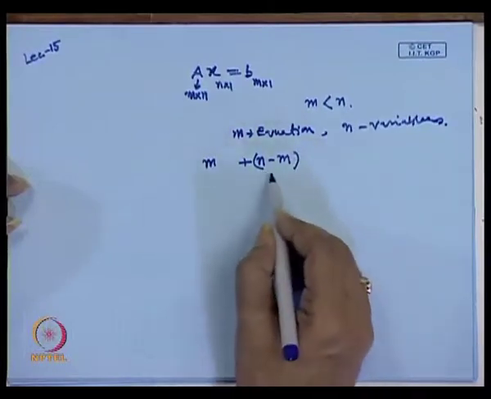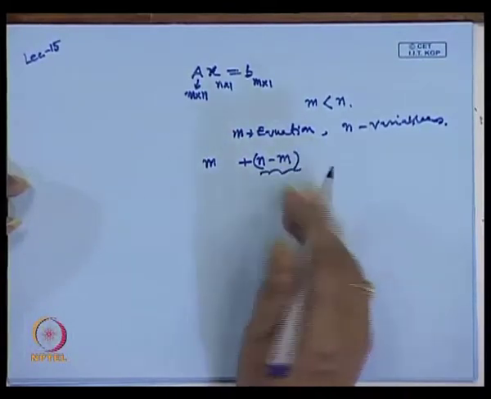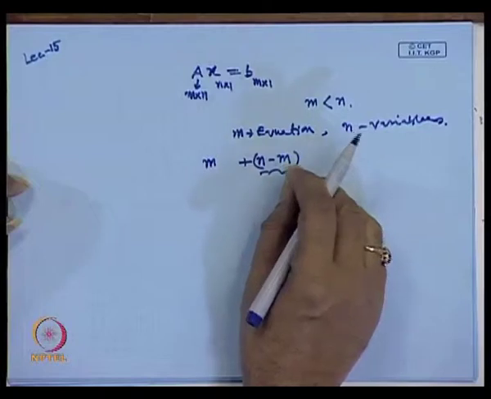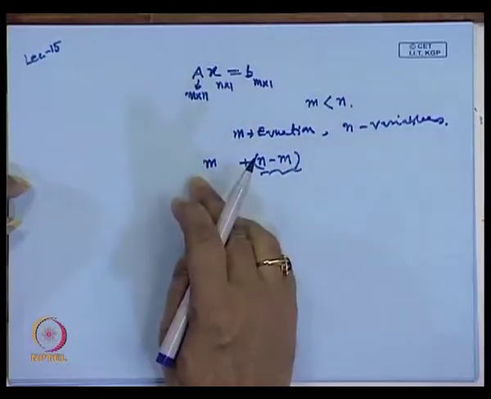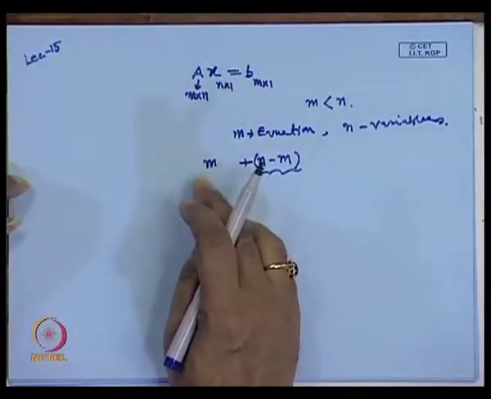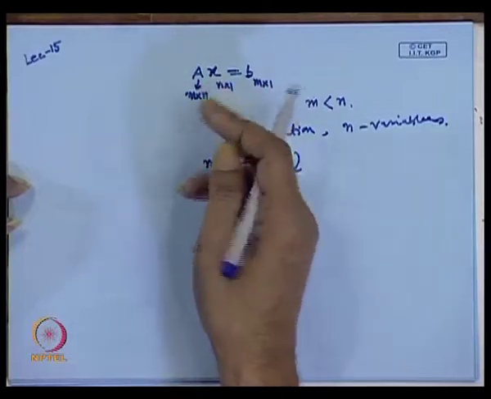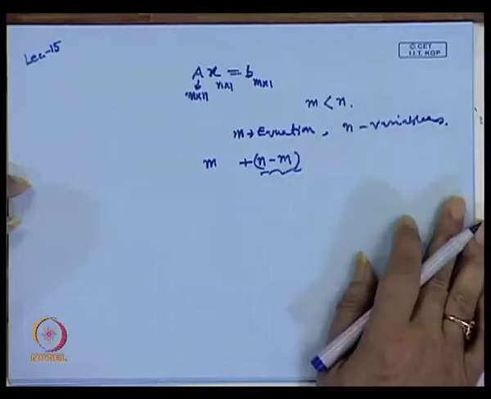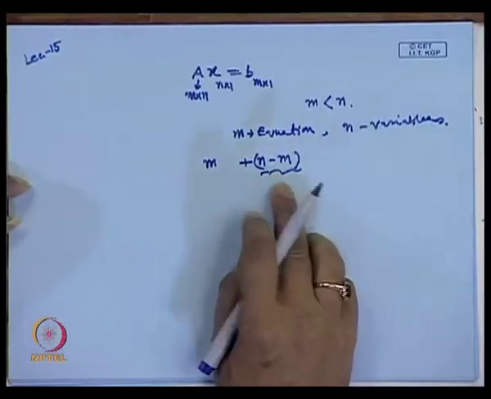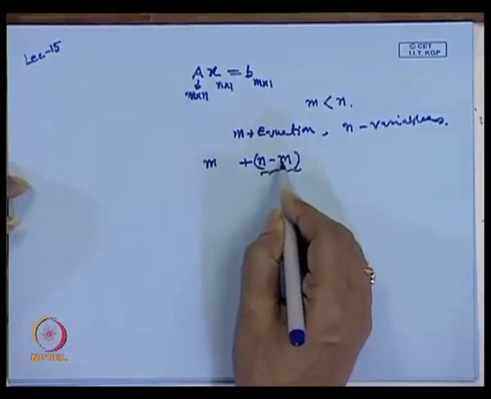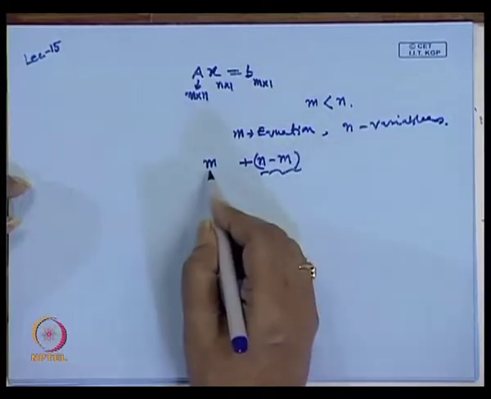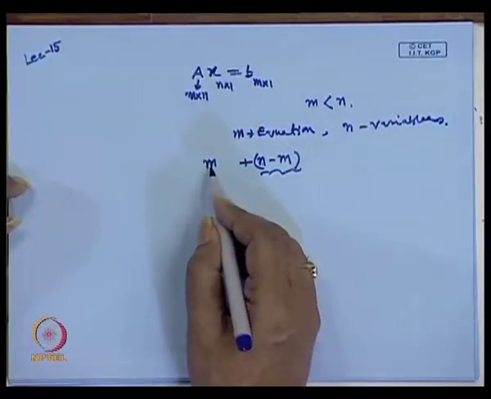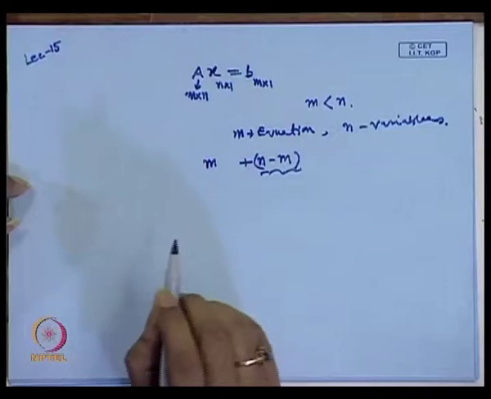If we assign the n minus m variables values arbitrarily, then easily we can find out the m variables. So, we have an infinite number of solutions for arbitrary choice of n minus m variables, which in turn gives us the m x variables.